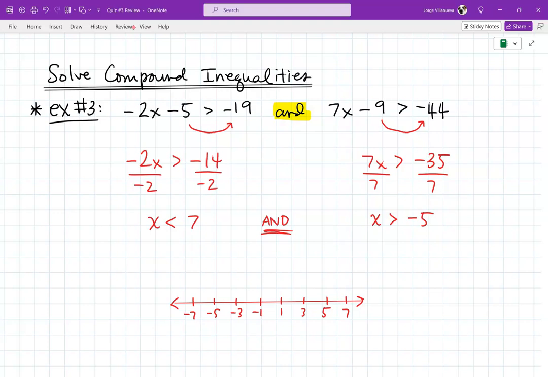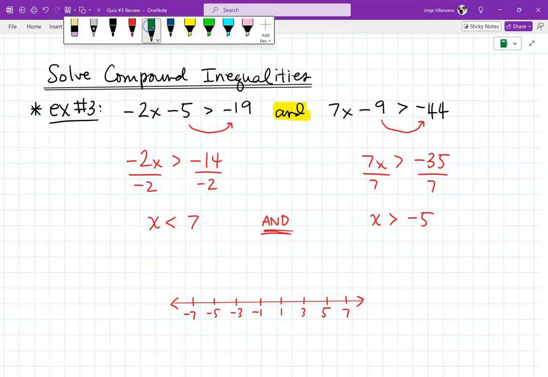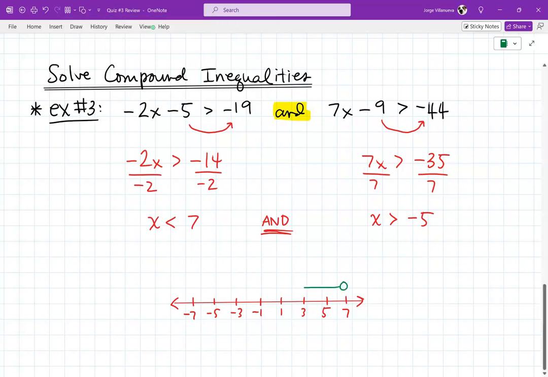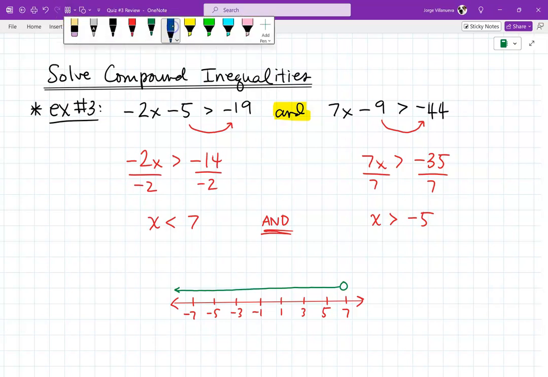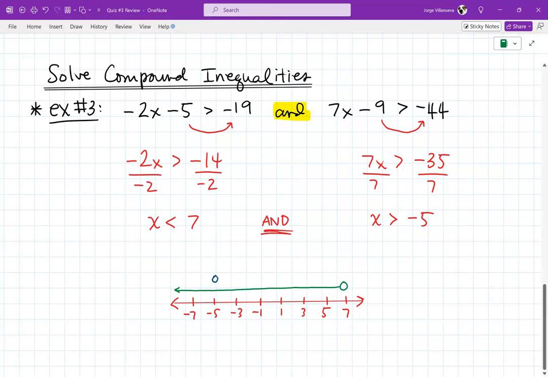All right, x less than 7. So x less than 7, open circle, going to the left. Next one, x greater than negative 5, open circle, going to the right. Now, if you guys remember in the lesson, I told you, since it says and, it's whatever they share, right?